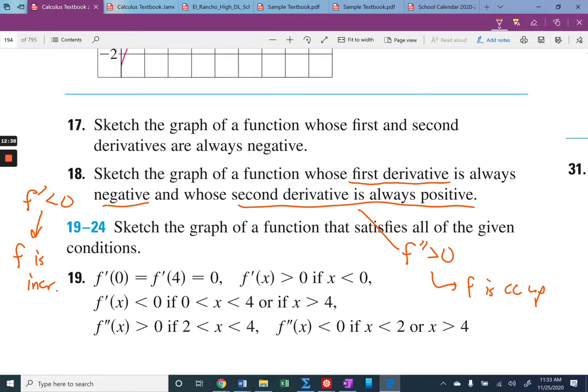Okay, so you need to draw a picture of a graph that is decreasing and concave up. We did that in our notes, so I'm not going to draw it for you here. If you can't figure out what the graph would look like, go look in your notes. We actually did this in a Desmos activity for section 2.8, but hopefully you put it in your notes.